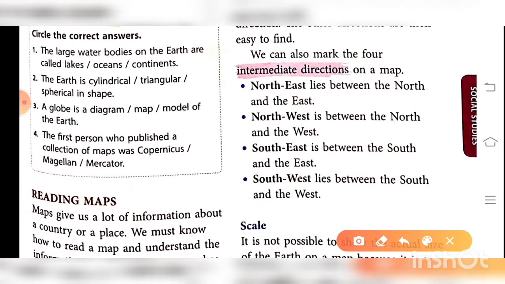Southeast lies between south and east, and southwest lies between south and west. So these are the four intermediate directions. You must know these intermediate directions too. So now there are four major directions and four intermediate directions. You must remember this and you must be able to write it.